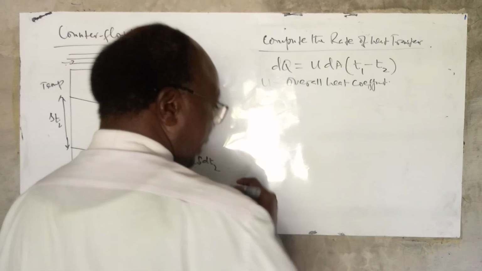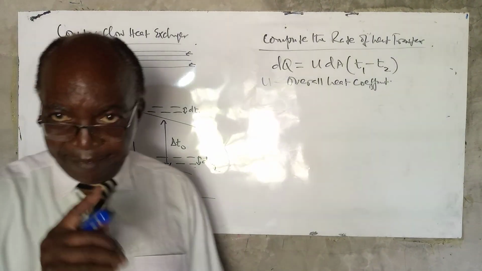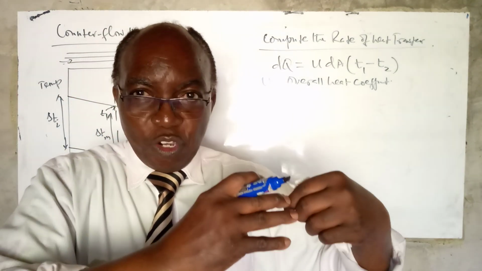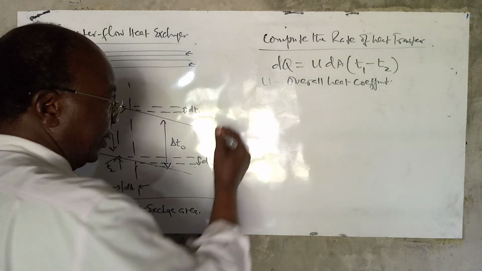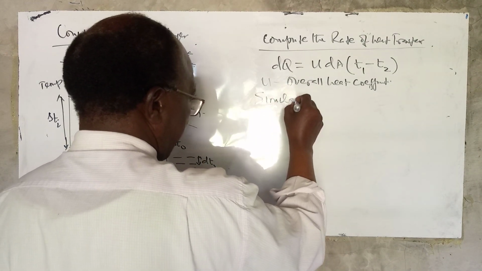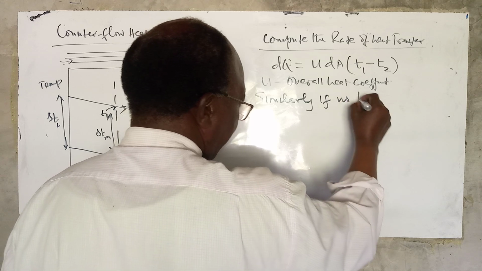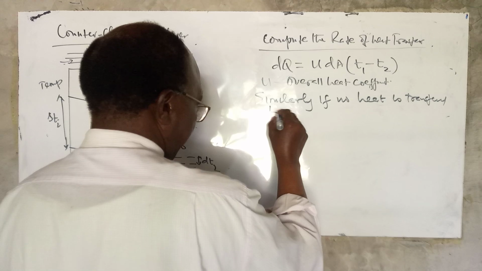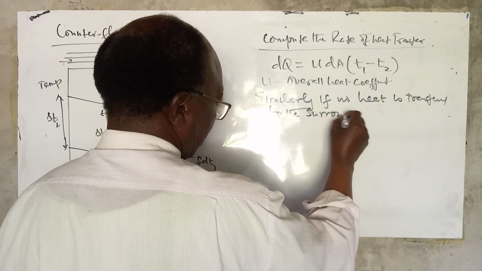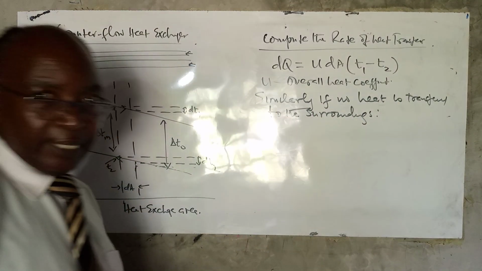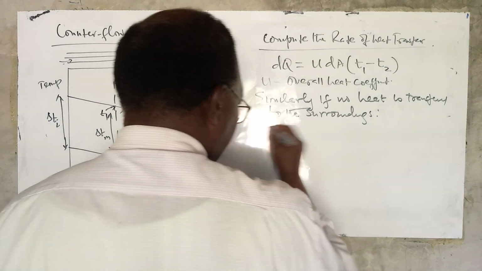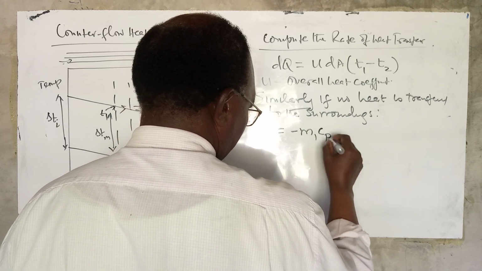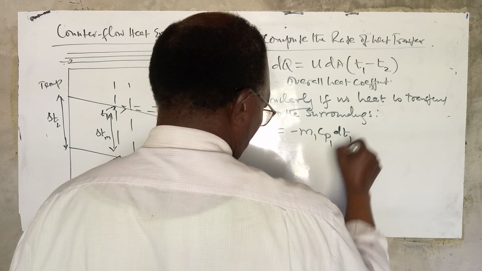And so, if there's no heat transferred to the surroundings, very important to note that. Similarly, if no heat is transferred to the surroundings, what does that mean? Then it means that Q will be minus M1 CP1 dT1.